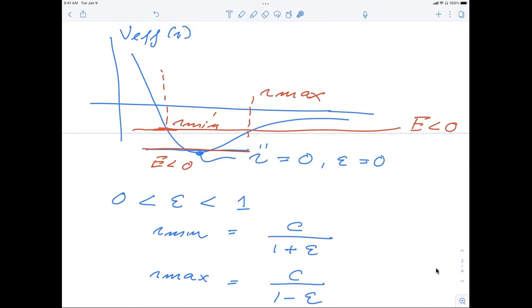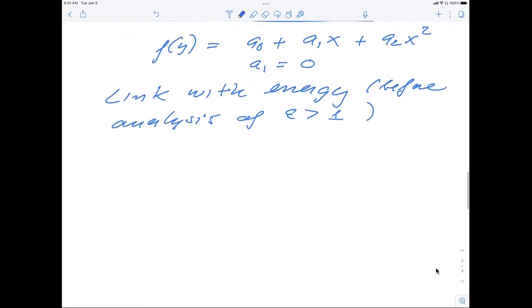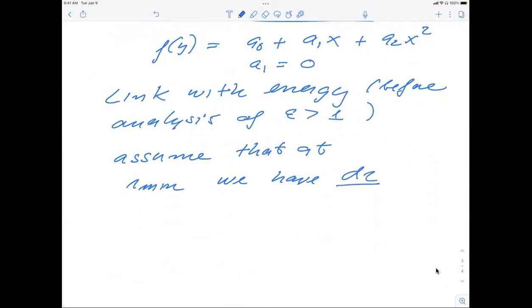So, an assumption we make now: assume that at R min and also R max, the radial velocity is equal to 0. So we have only angular velocity at that specific point.